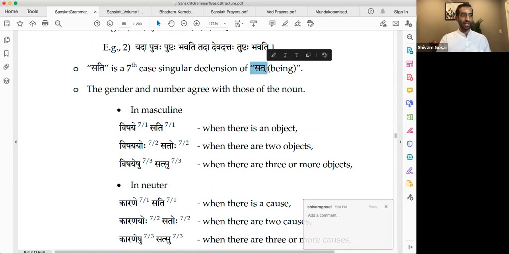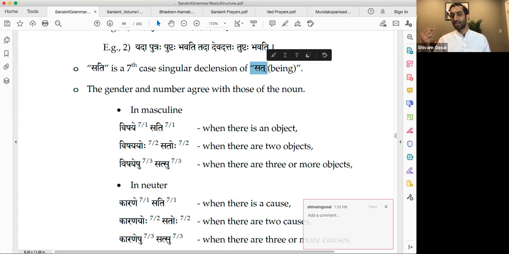The word sat can also mean truth or existence, right? We see that in Satchitananda. So how do you know if it's that meaning? Basically, you get practice. To notice when sati comes in a seventh case, usually we'll see it as sati saptami.